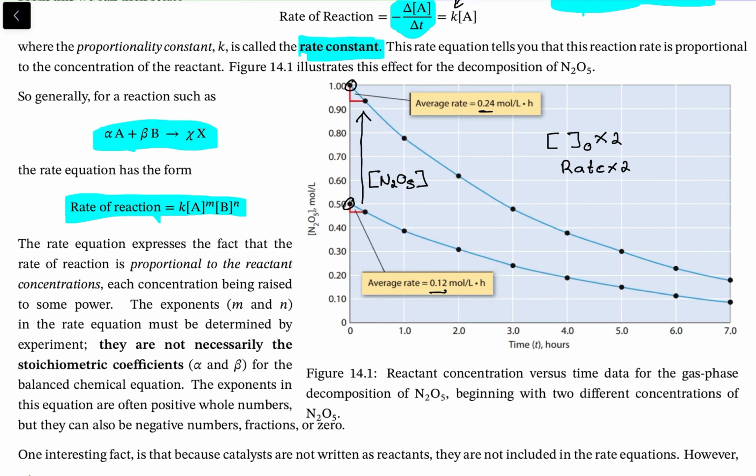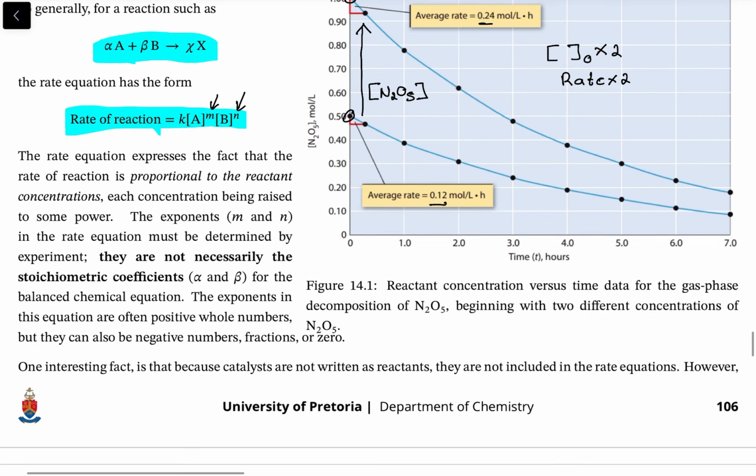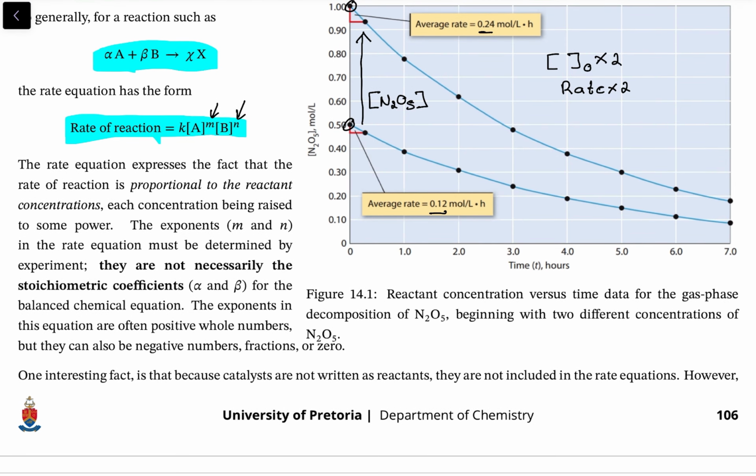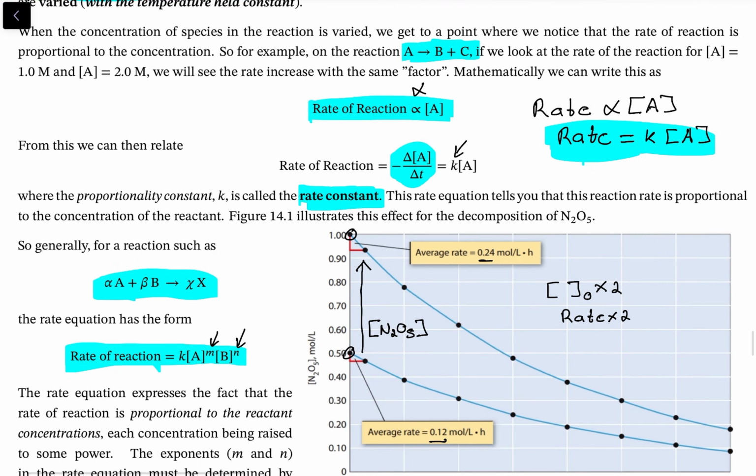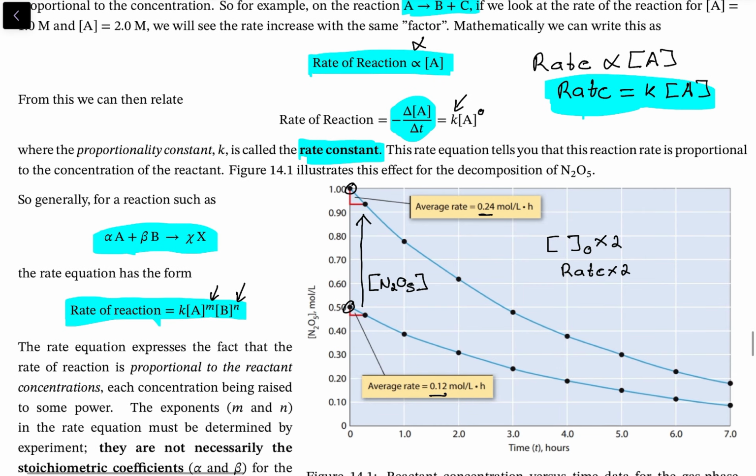And you will notice that we now introduced some powers here, powers m and n, or exponents m and n. And the reason we did that is because we don't necessarily know if the rate here is proportional to, meaning here where we said it's proportional to, is it to the power 1, is it to the power 2, is it to the power 3, is it to the power 4?